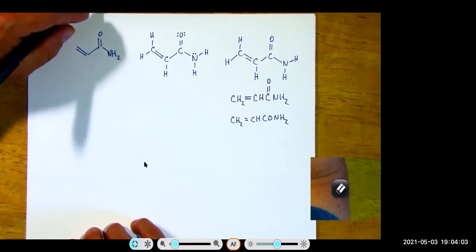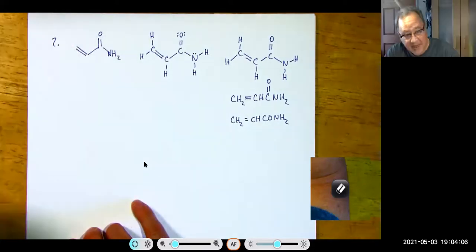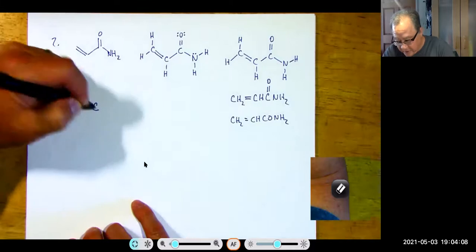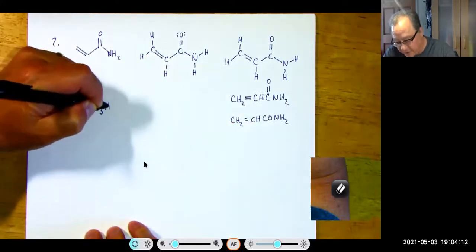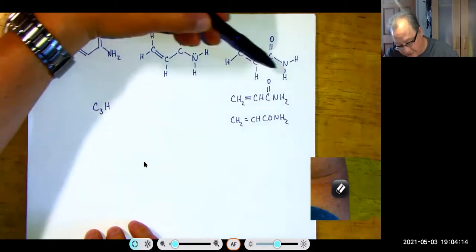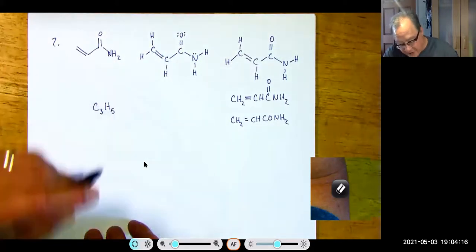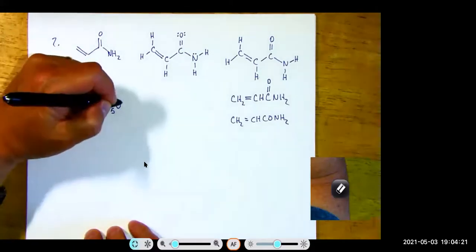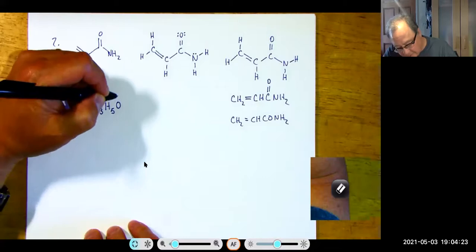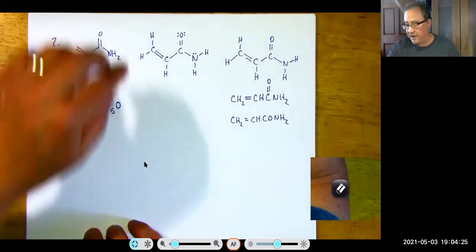Okay. Now, what's the molecular formula? Well, we count atoms. How many carbons? 1, 2, 3. How many hydrogens? 1, 2, 3, 4, 5. How many oxygens? 1. How many nitrogens? 1. And here, I'm going to actually use a little bit of whiteout here.